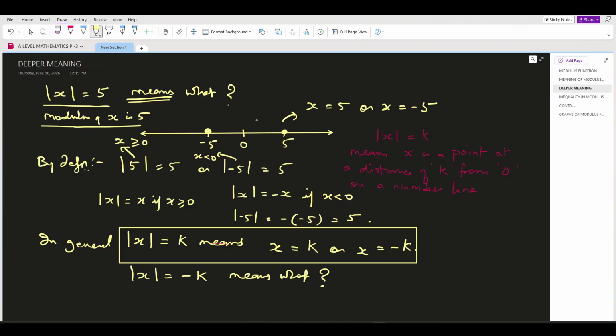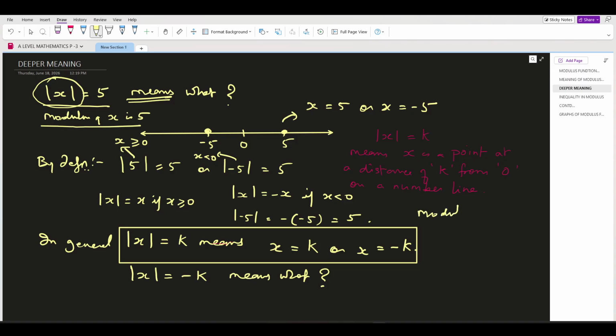Now let me change the approach of making you understand the real meaning of this modulus of x. So modulus of x, this particular thing, is nothing but distance.